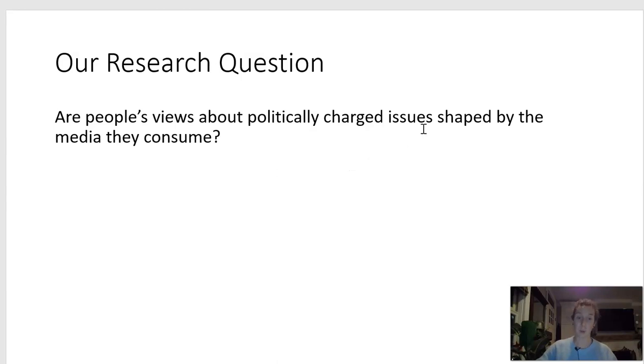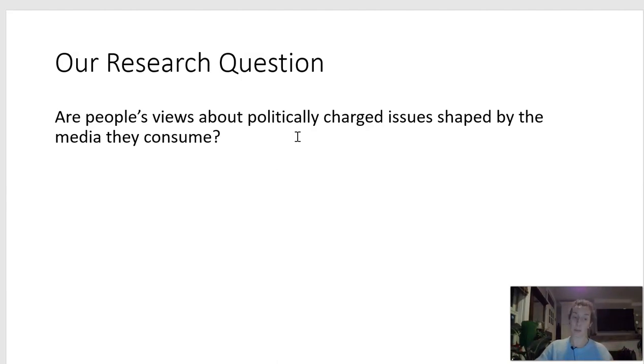So we have assumed that the media shapes the views. So we have assumed that there's a causative effect. There's more, which goes beyond the correlation.